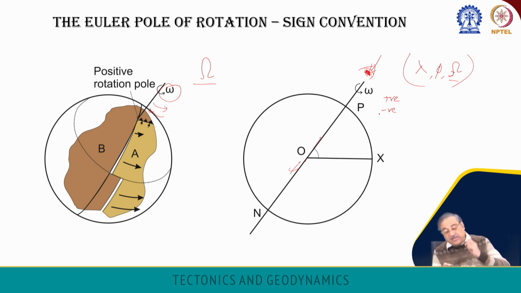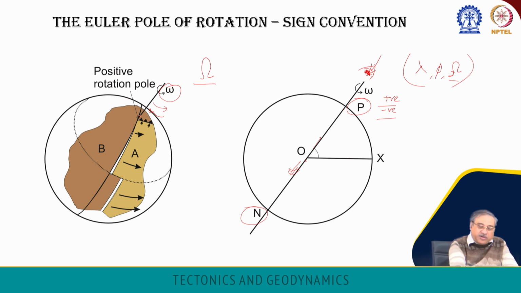So this way we talk about a positive and a negative sense of rotation, which means it would have opposite senses depending on which way you look at it. So when you're looking at it from the center of the Earth here, it's clockwise. When you look at it outwards from the center of the Earth this way, it would be anti-clockwise. So one of the poles would be a positive pole, the other pole would be a negative pole.